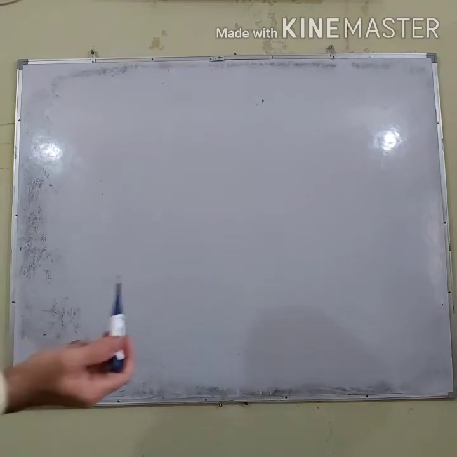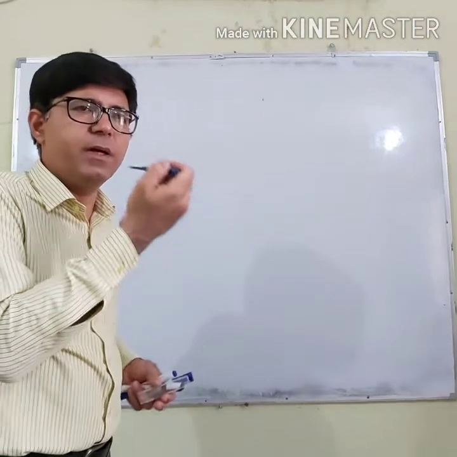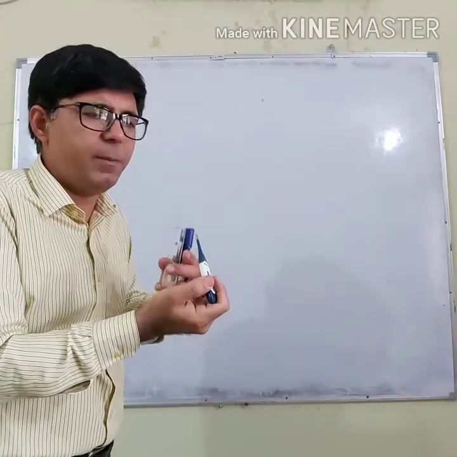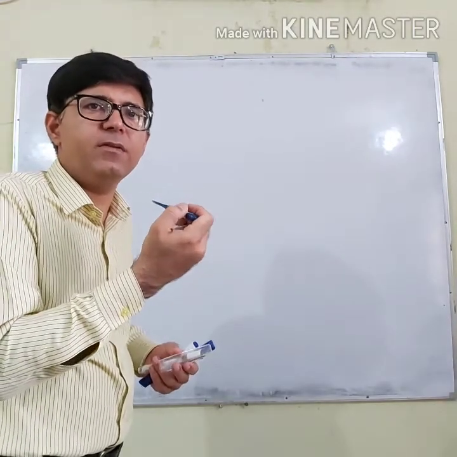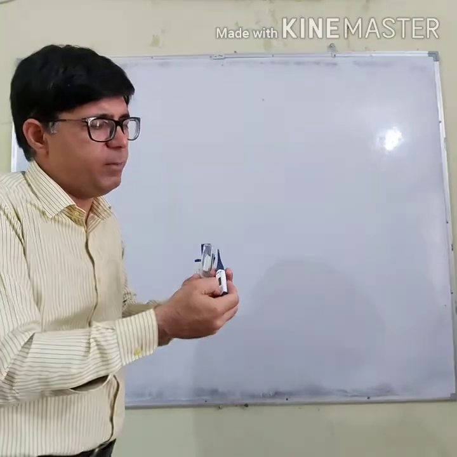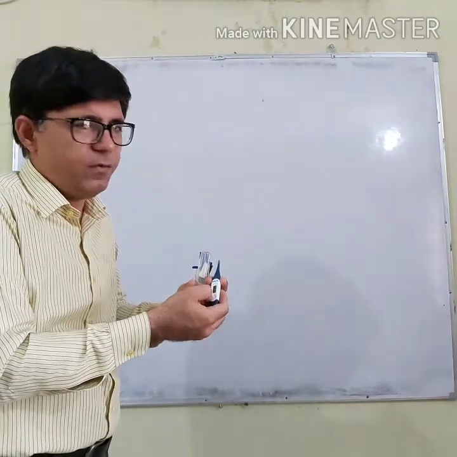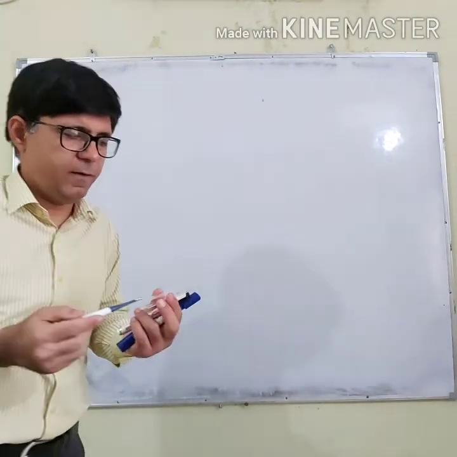Put this thermometer under your tongue so that its bulb lies under the tongue, and when you hear the beep sound, your body temperature will be shown here, right? So in this way we can measure it.